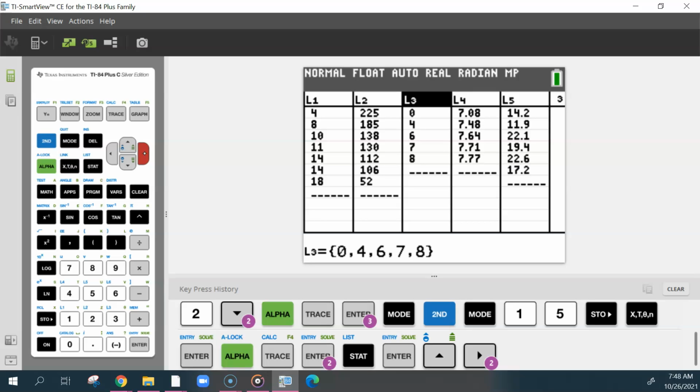If you just cleared out L1 and L2, then when we go to the next step, yours is going to say L1, L2. Mine is going to say L3, L4 because that's where mine is. So wherever yours is, that's what you would put.